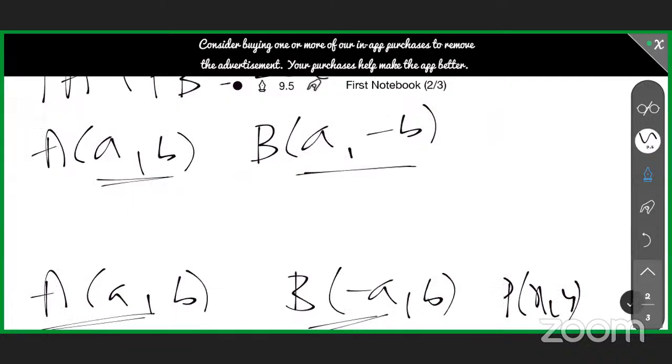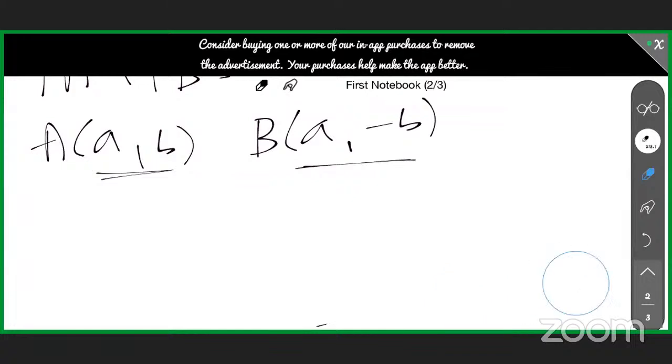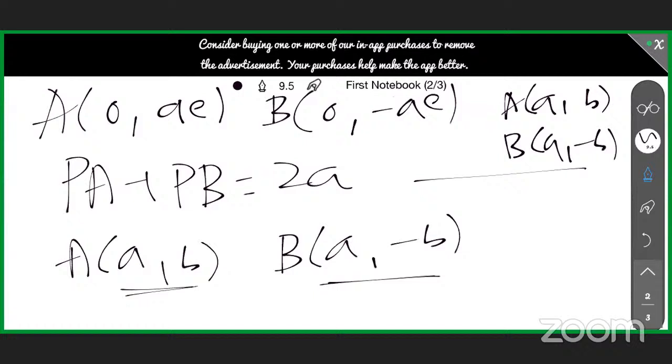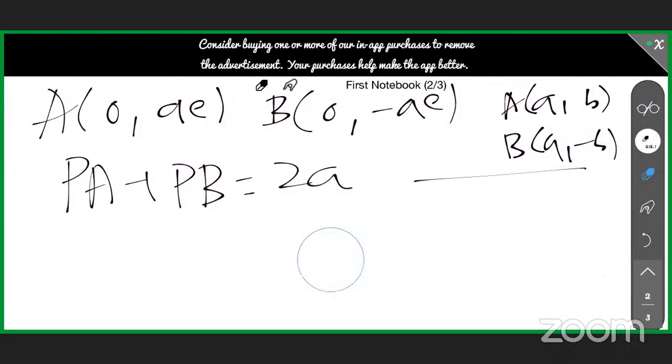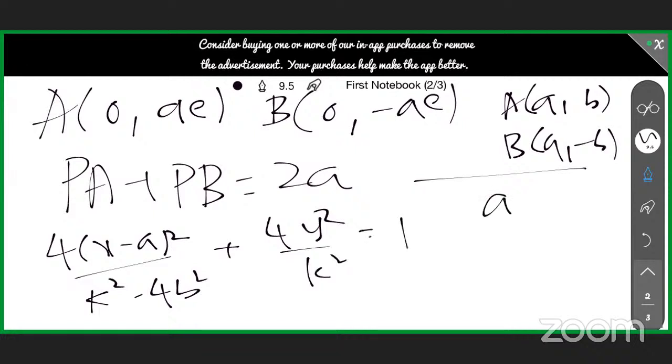The equation was 4(x minus a) whole square by k square minus 4b square, plus 4y square by k square is equal to 1. So my a value is equal to 0, my b value is equal to ae, and my k value is equal to 2a.